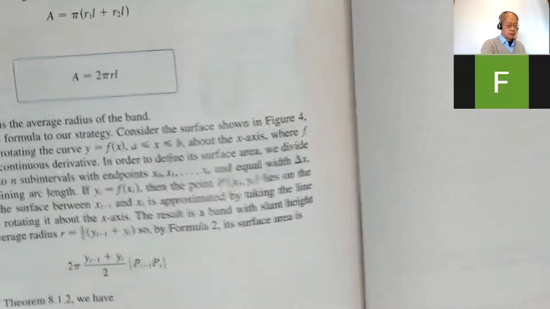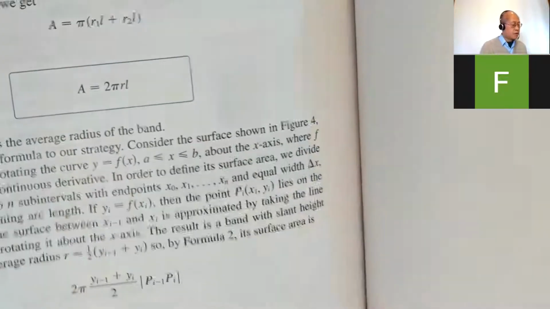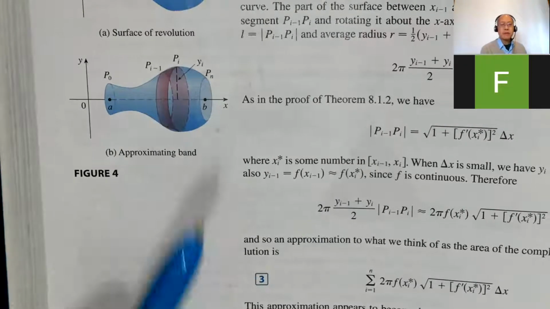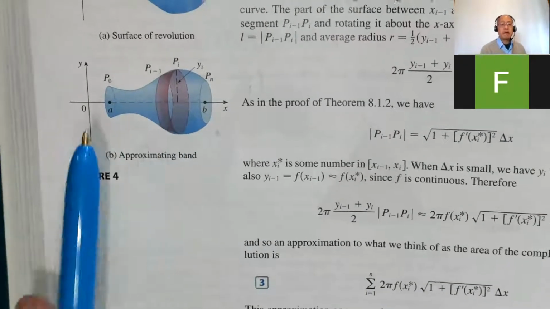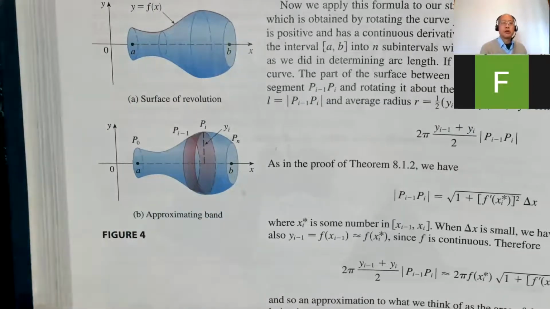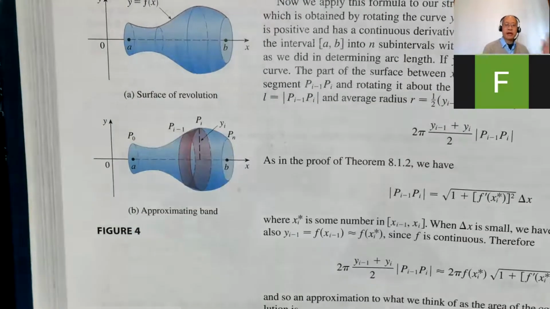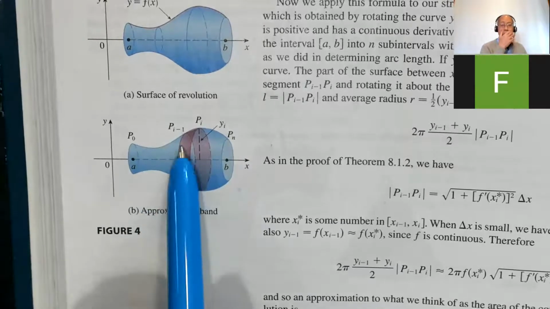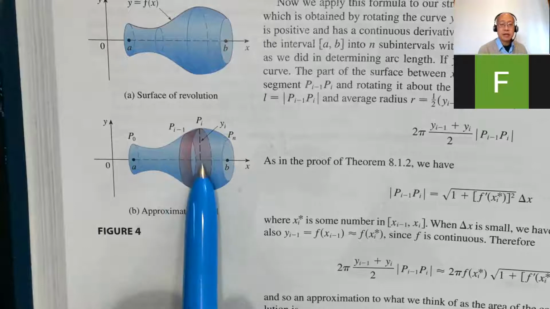Okay, so how do I do stuff like that? Here's a typical slice. What we always do in calculus is we slice up the region. So the interval from a to b, I chop it into pieces. Here's a typical slice.